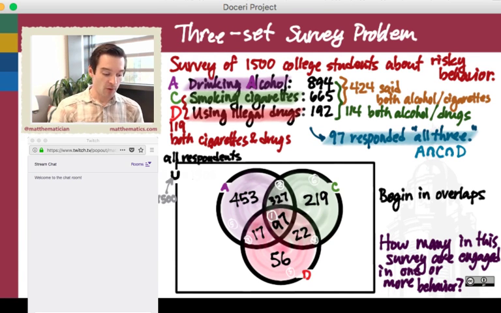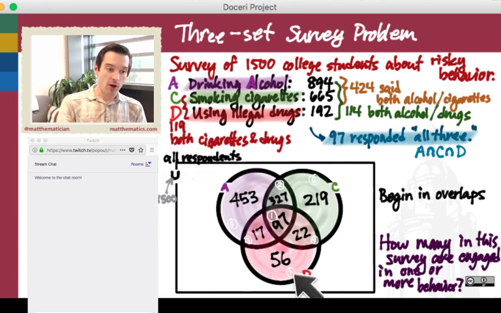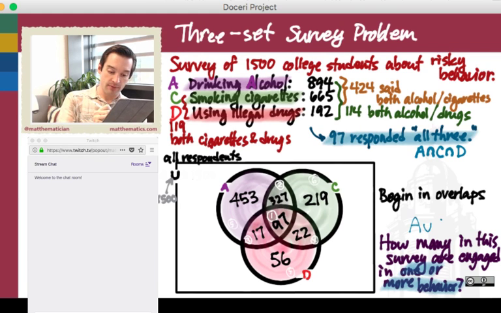If I'm the wellness center director on campus and I want to know how many students in this survey are engaged in 1 or more of these risky behaviors, now I have all the information I need, because I've labeled all the regions that are inside the union of A, C, and D. Another way to think about 1 or more is that it's talking about the union: A union C union D. So I belong to that set if I drink alcohol or smoke cigarettes or use illegal drugs or do any combination of those things, as long as I'm doing 1 or more of them. So that union is all 3 of these circles put together.